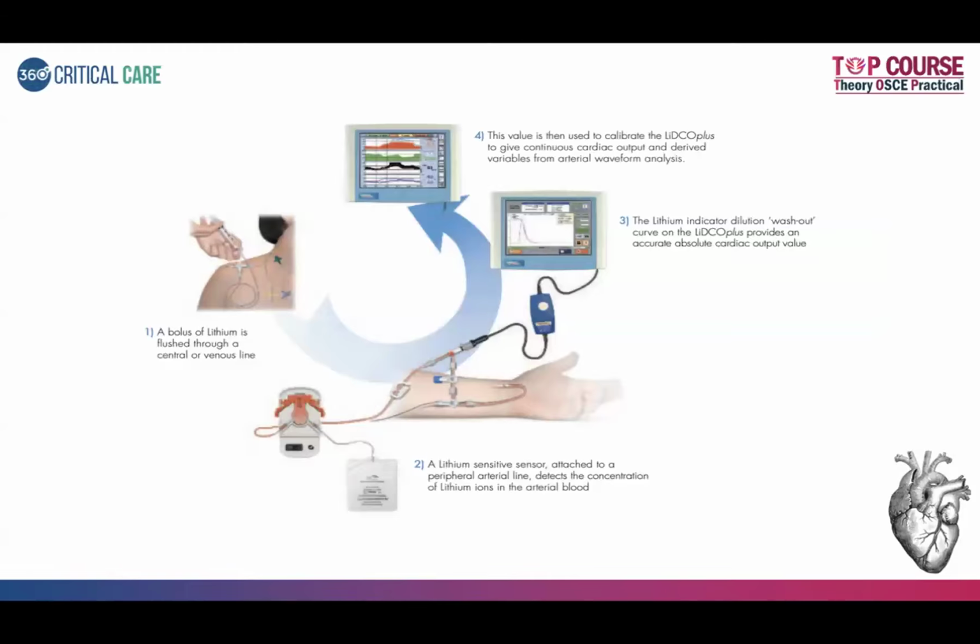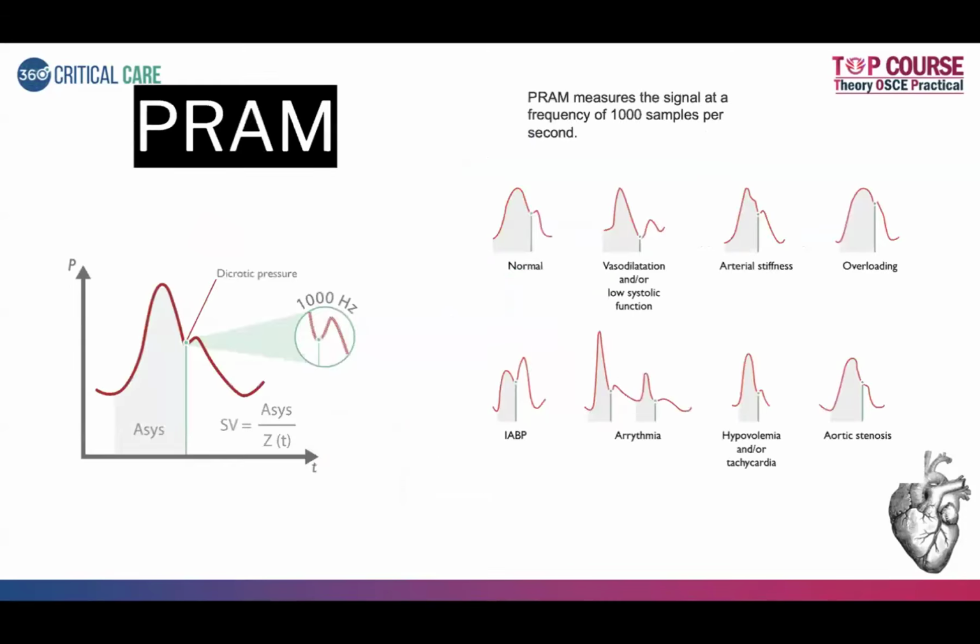As I told you, we give a bolus of lithium, we sense it at the arterial end, and finally it measures the change of the lithium across the curve, and then we get the value. Coming on to PRAM, it divides the arterial pulse waveform into systolic and diastolic by identifying the dicrotic notch.